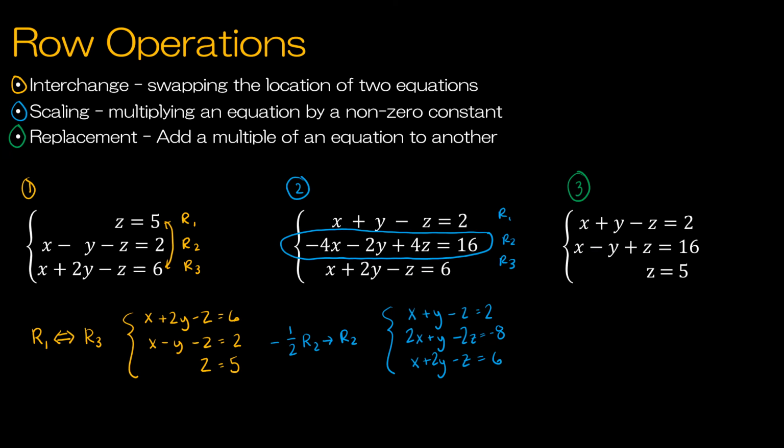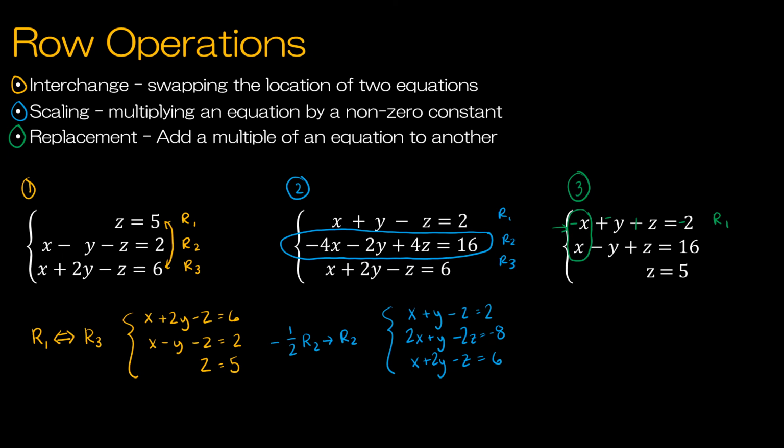So I'm going to use replacement to say, if I took the first row and I made everything the opposite sign, negative, negative, positive, negative, and then I added it to the second row, we can see that negative x and positive x would cancel, and that's exactly what I want.